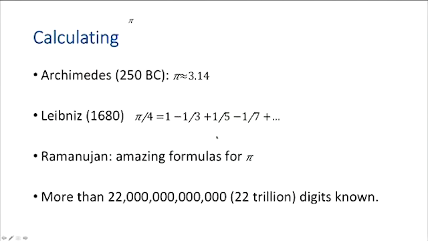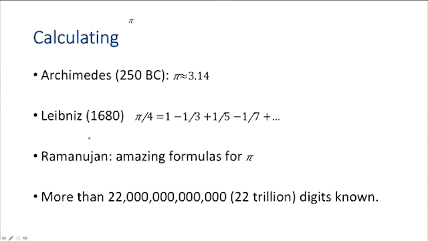So mathematicians have always been interested in pi, at least since the early Greeks, and Archimedes already knew that pi was something like 3.14. And Leibniz found such a nice formula that pi divided by 4 is given by this.